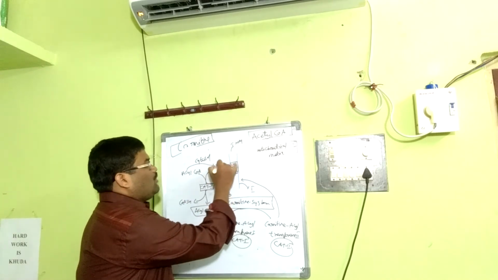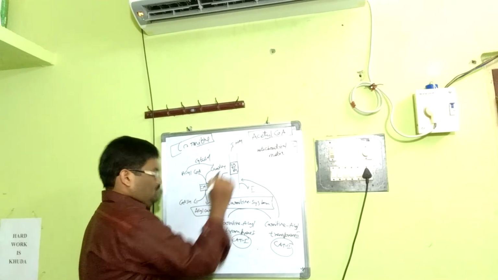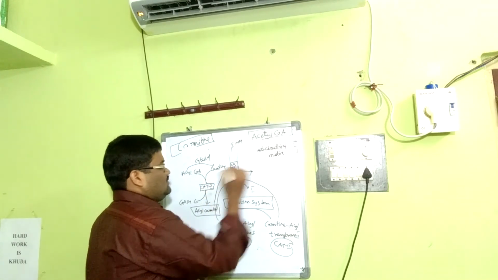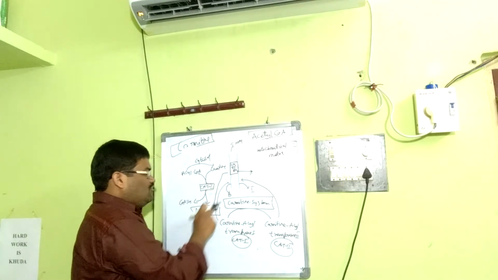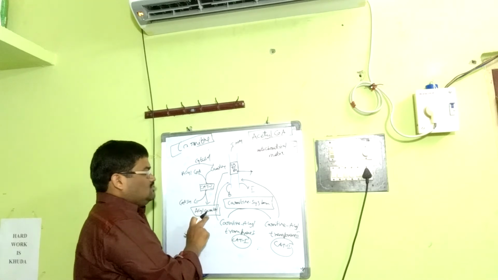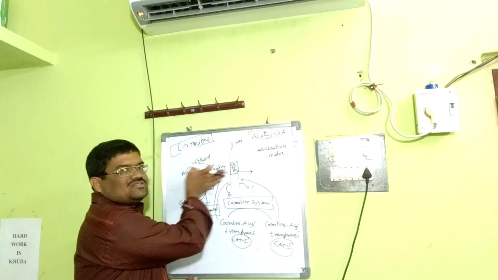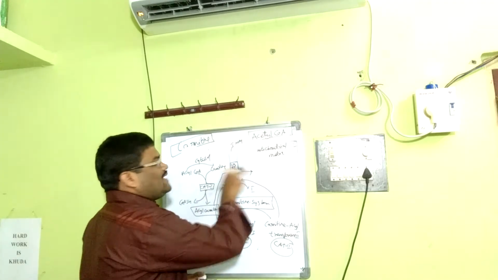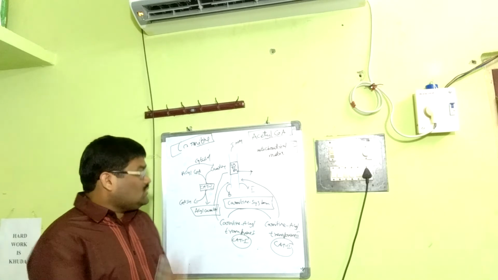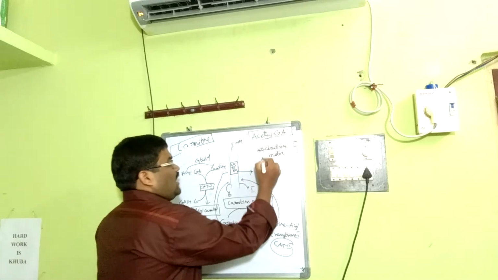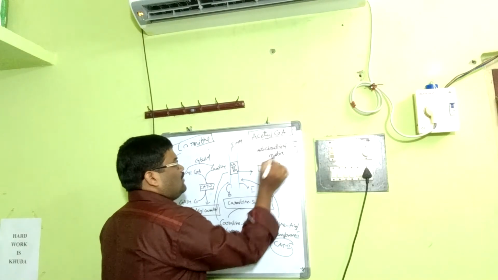And this carrier protein will take the acyl carnitine to the inside. The specialized carrier protein transfers the acyl carnitine across the membrane into the mitochondrial matrix, but without coenzyme A. Then the second enzyme, carnitine acyl transferase 2, comes in.